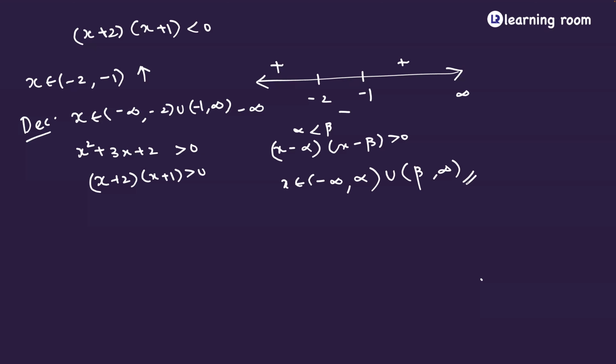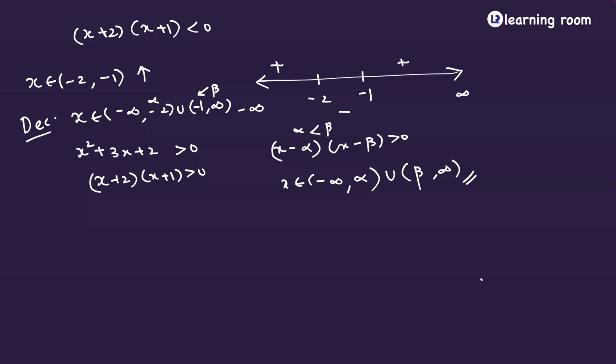That's why I wrote beta is -1. So this is alpha, this is beta. I hope it makes sense, right? So having said this, I hope it is clear, right?